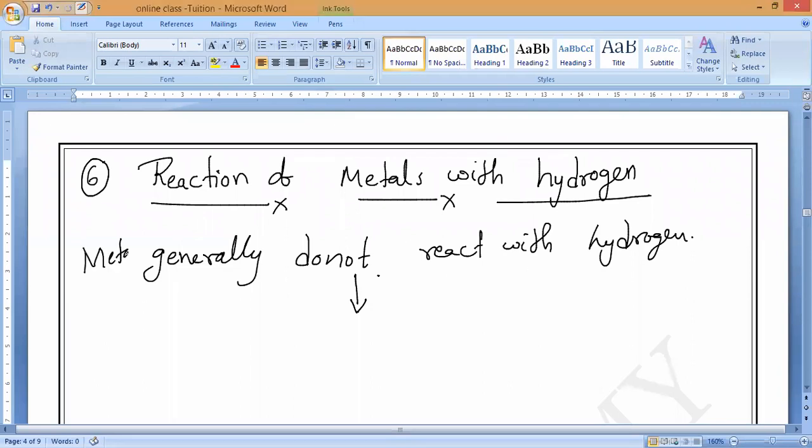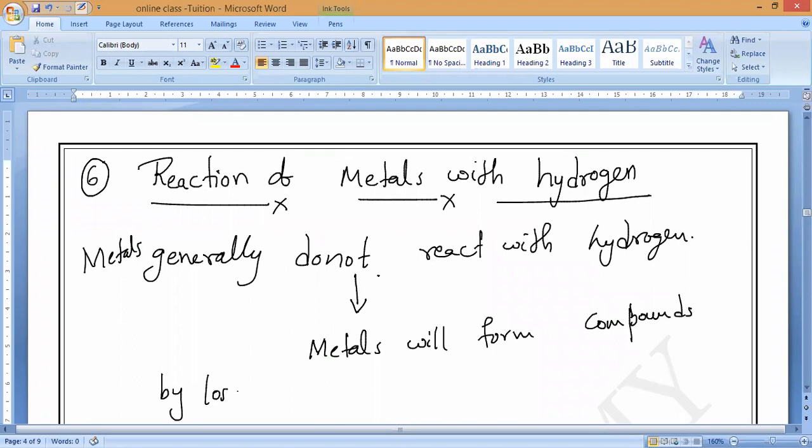Metals generally do not react with hydrogen because metals form compounds by losing electrons. Metals form compounds by gaining electrons or losing electrons? Losing.